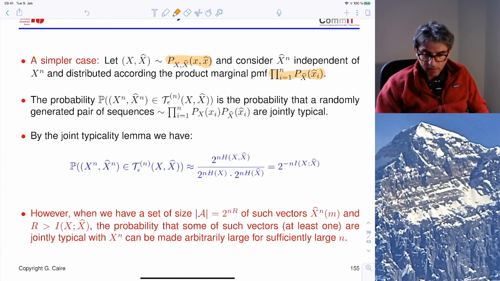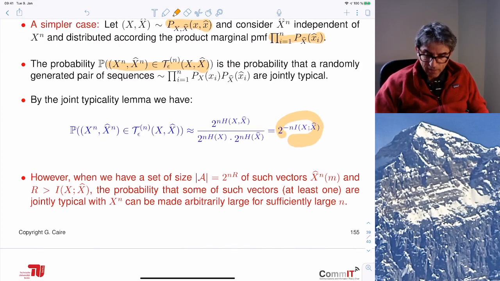And then we ask, okay, what is the probability that x and x hat are jointly typical? Well, we already know that this will be 2 to the minus the mutual information. But now we generate a codebook of size 2 to the nR of these x hats. And what is the probability that at least one is jointly typical?